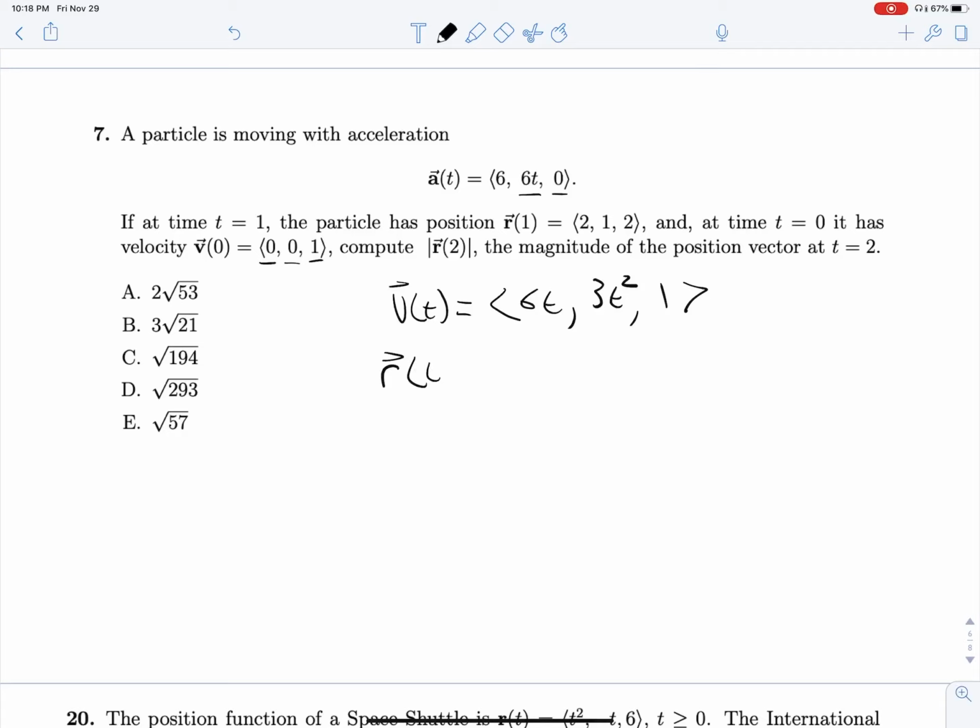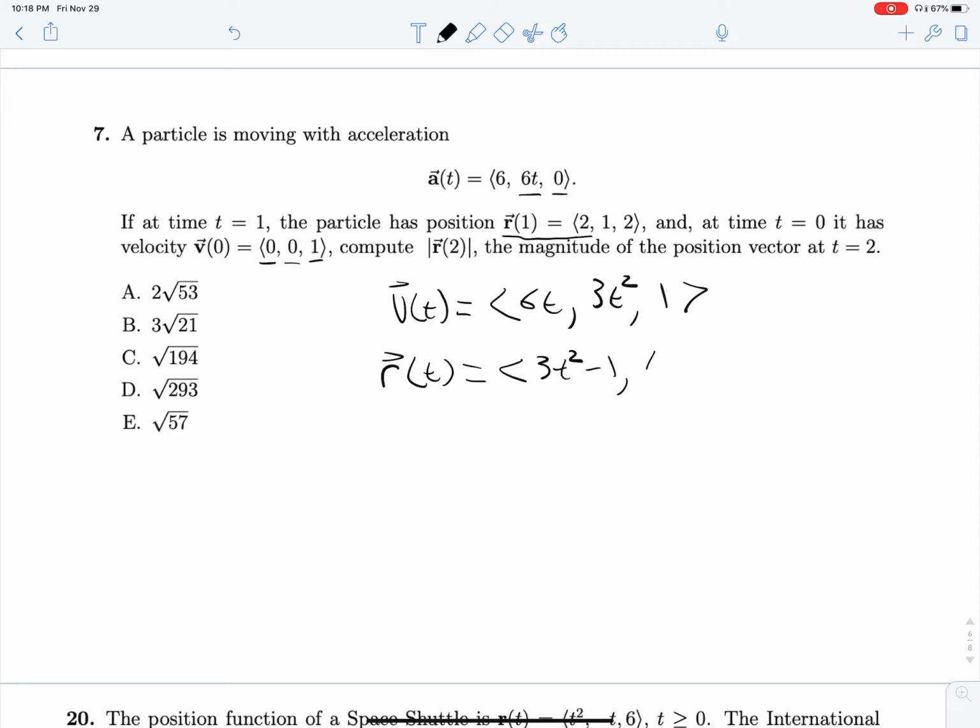And our r of t is going to give us 3t squared minus 1, actually, because we're given r of 1, and so r of 1 here, well, that's going to give us 3, so we need to subtract 1 to get 2.